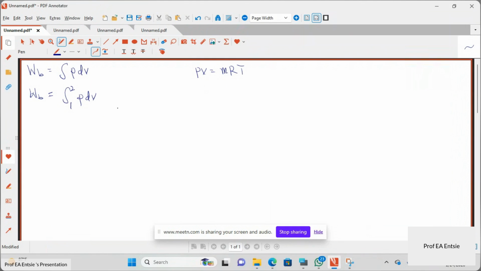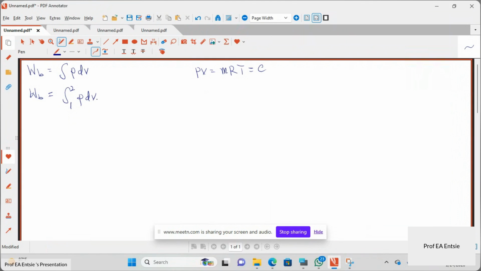Alright, so with this, you see that mRT, when you multiply mass with the gas constant and the temperature, you're going to get a value, and that value we treat as a constant.